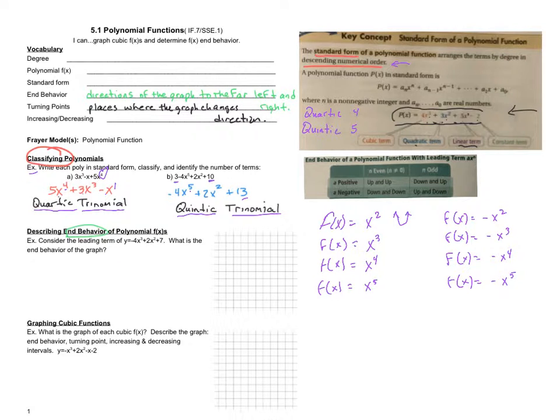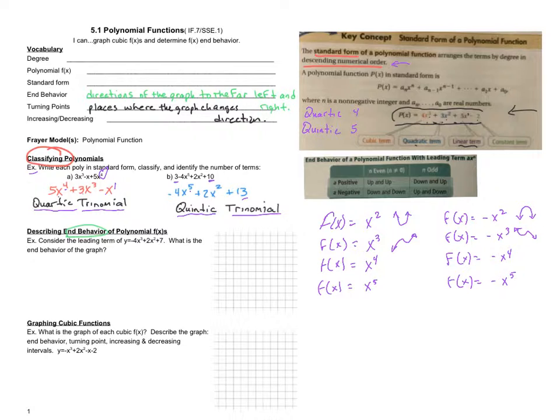When the a was negative, it opened downward. When we had a cubic function and it was positive, we knew its general shape looked something like that. And when it was negative, it did the opposite. It was flipped over the x-axis.